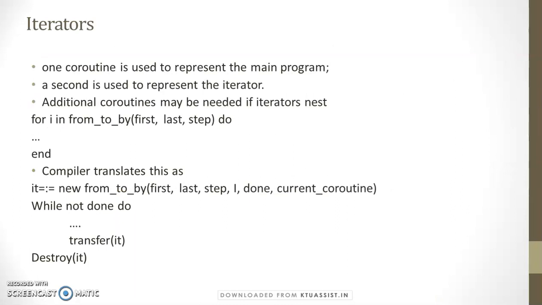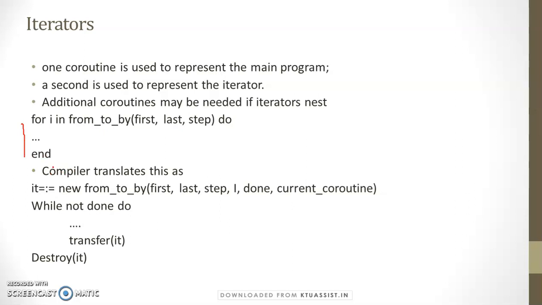Then we have the implementation of coroutines, one of which is for iterators. Iterators means we make use of a for loop statement. So here we can see an example: for I in from to by, this is one syntax.